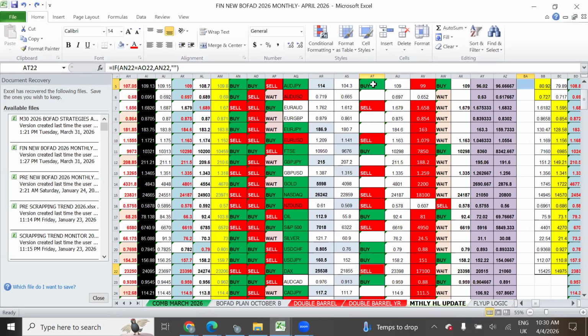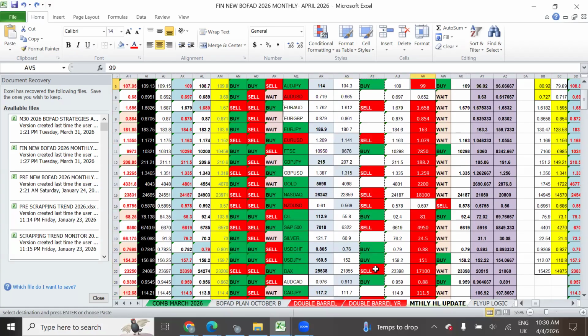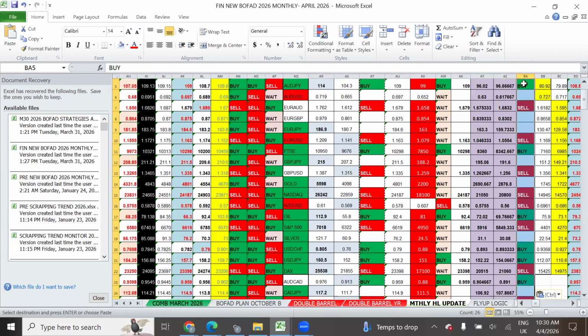So I'm going to copy all this now and paste it here. This is the first direction according to the theory.